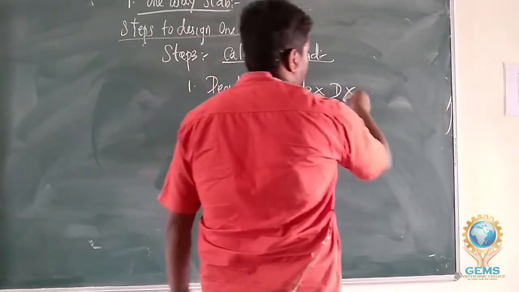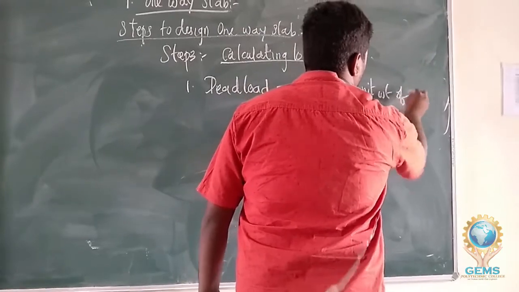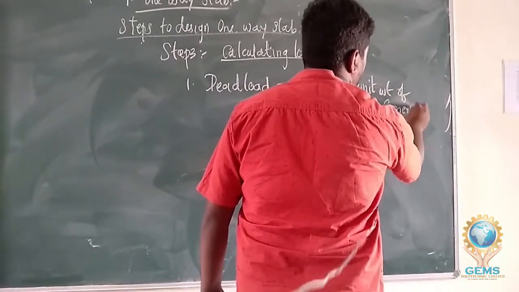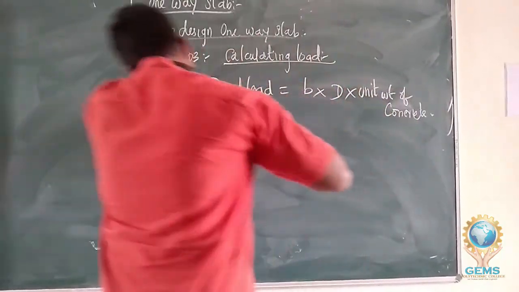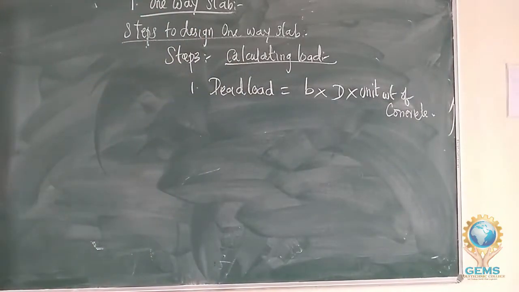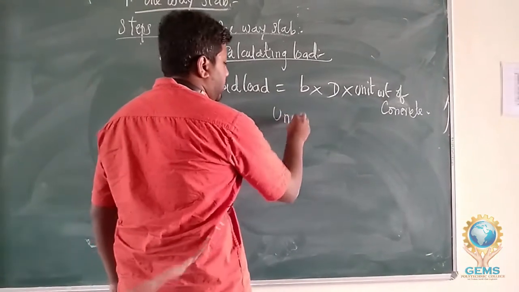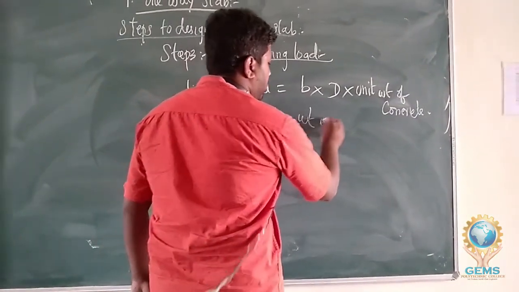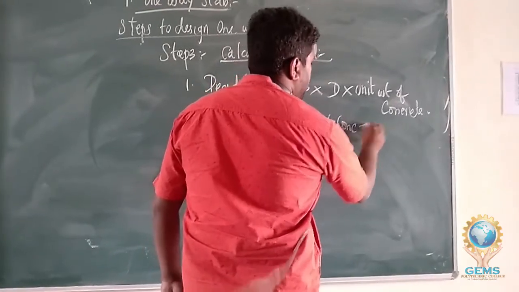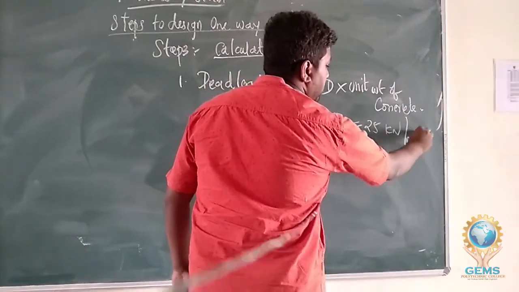So D into overall D into the unit weight of concrete. The unit weight of concrete value is always 25 kilonewton per meter cube.